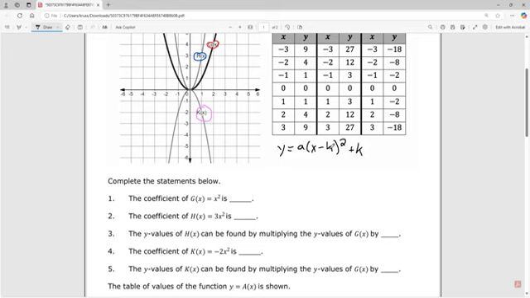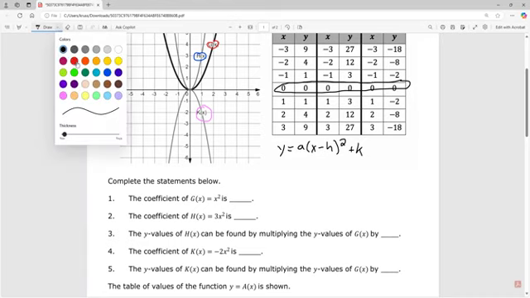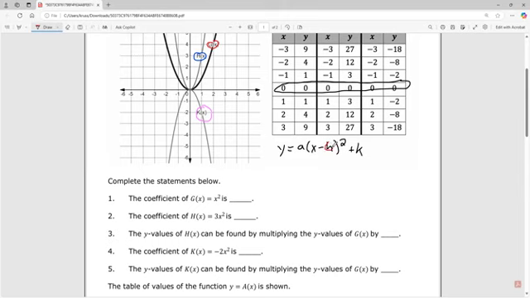So the vertex is 0, 0 for all of these, so we don't have to worry too much about that. And the k value is the y value of the vertex, and again, it's 0. So h is 0, and so is k. They're both 0.